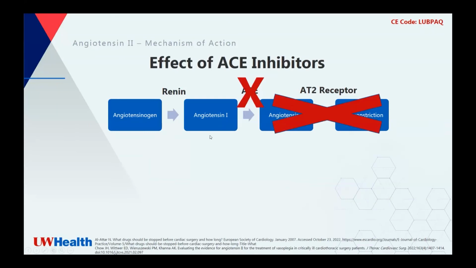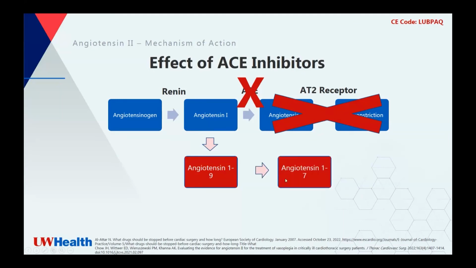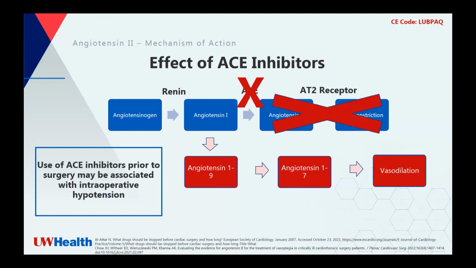But similar to how I described on the previous slide, when we inhibit ACE, this causes a shift from angiotensin I into angiotensin I-9, which causes a shift to production of angiotensin I-7, which is associated with vasodilation. And so the use of ACE inhibitors prior to surgery may be associated with more shunting to the angiotensin I-7 production, leading to more vasodilation and intraoperative hypotension.